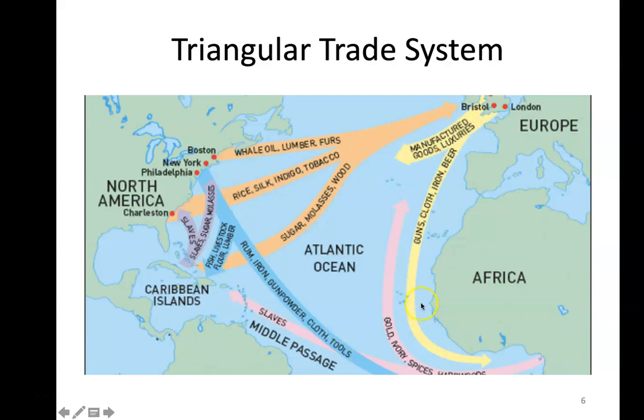So, what they traded for was guns and textiles, iron, beer, and particularly guns is going to wreak havoc when it comes to the intertribal warfare on the western coast of Africa.